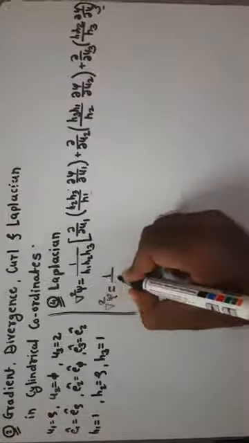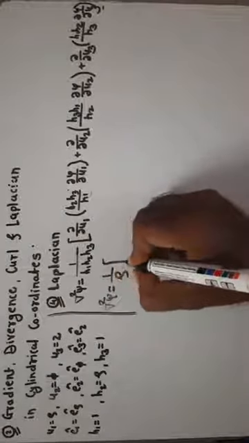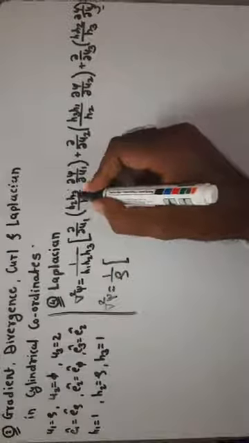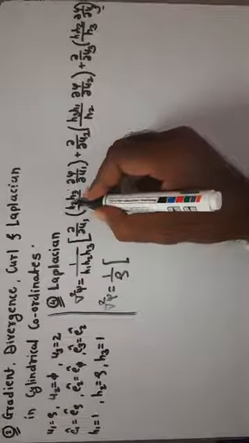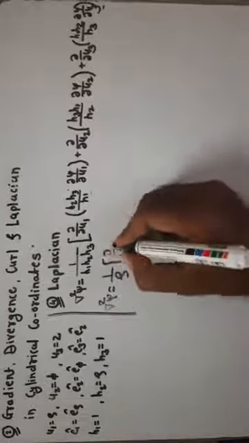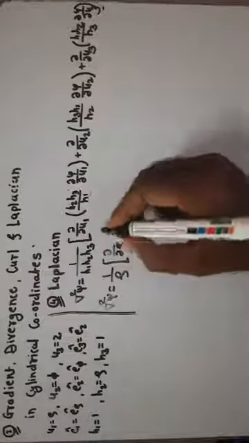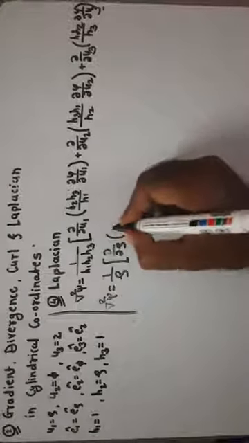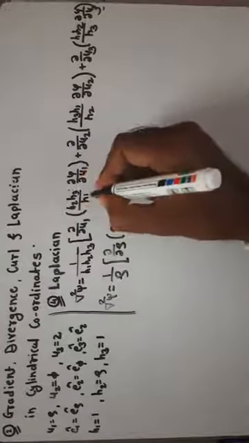1 by rho in bracket. Here 1 by rho dou by dou u1 means dou by dou rho, right? Here h2 means rho, h3 h1 means 1.